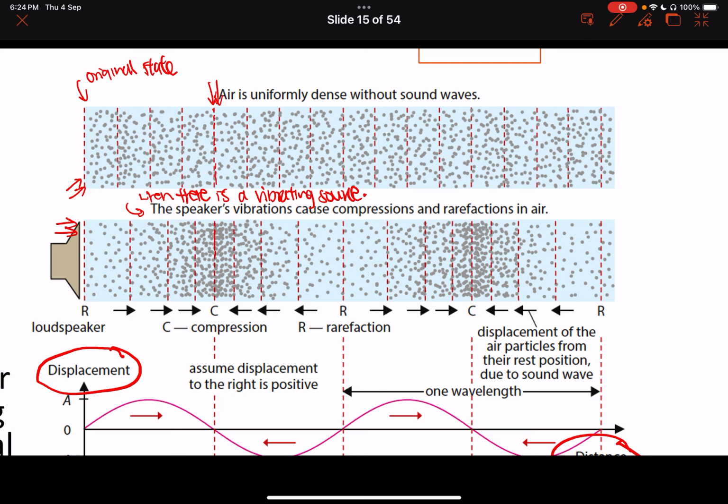And then afterwards, this part is at the same exact position, but it has changed in terms of the molecules that are around it. So now we have a compression, whereby two sides of the air molecules are at this instance whereby both columns are squeezing this middle part. That's why it's called compression, it's being squeezed from both sides.